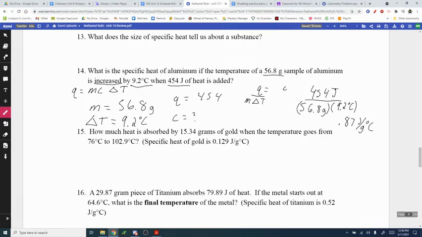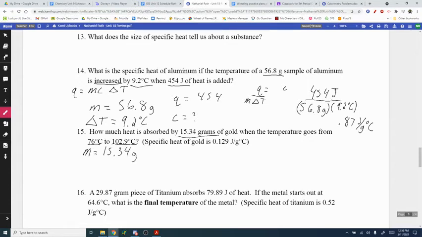All right, next one, same situation. We have to identify all our givens and then plug them into our equation. So we have 15.34 grams. That's mass. Next, we have two different temperatures. It says when the temperature goes from 76 to 102.9, that means that is our initial and final temperature.